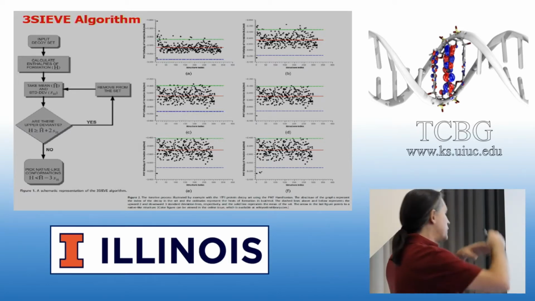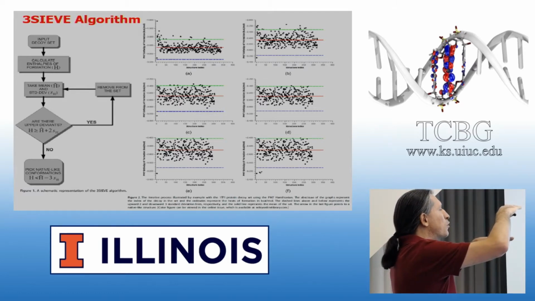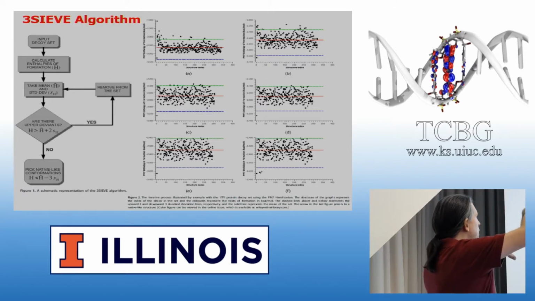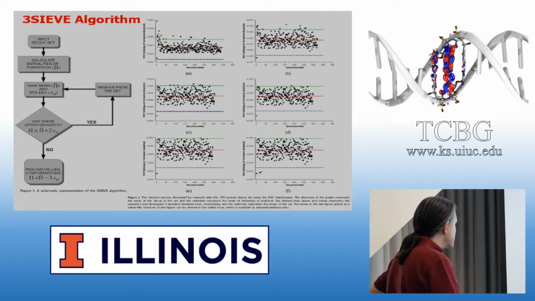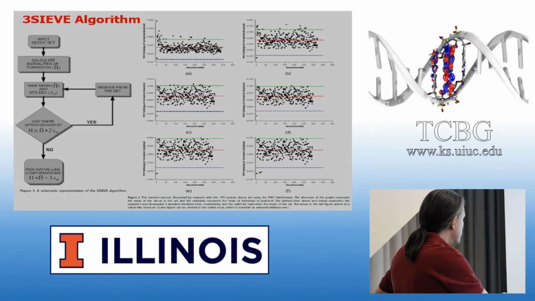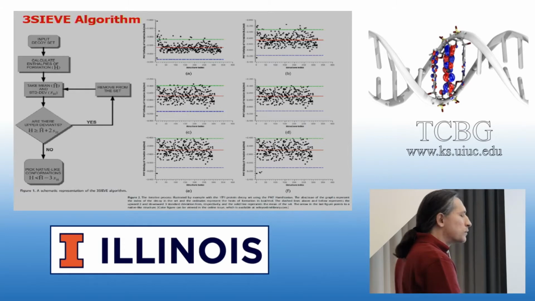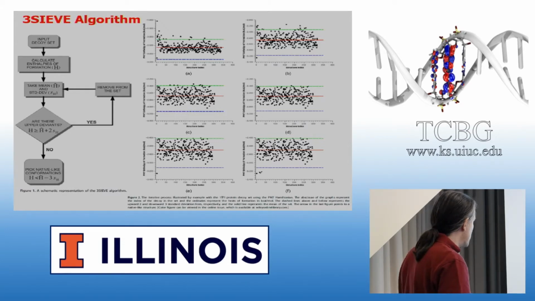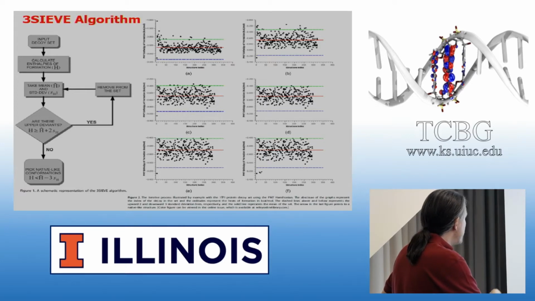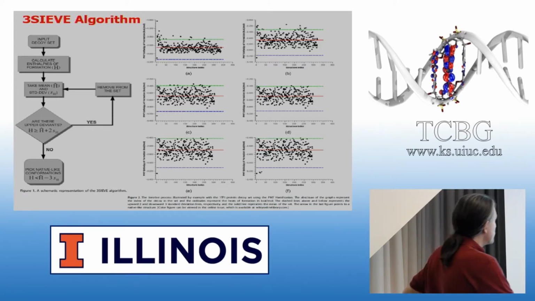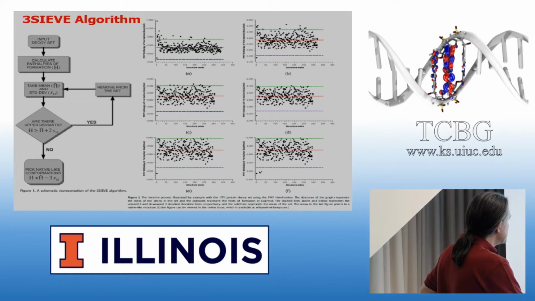If you have a conformation with energy above this limit of standard deviation, you throw away this conformation and do the same thing in an iterative procedure, and the working of the algorithm is shown in these figures.